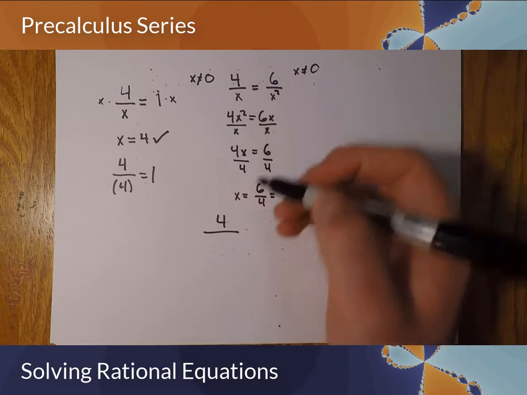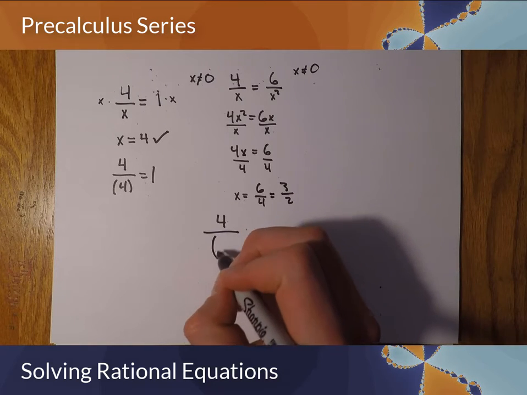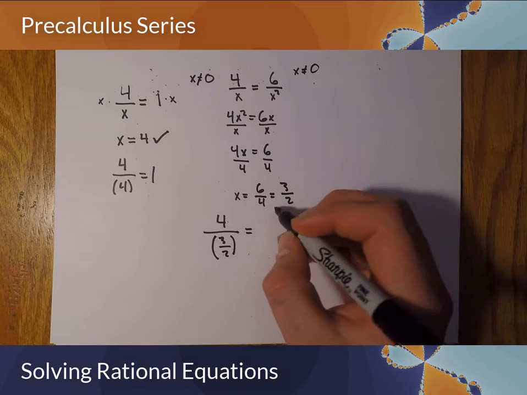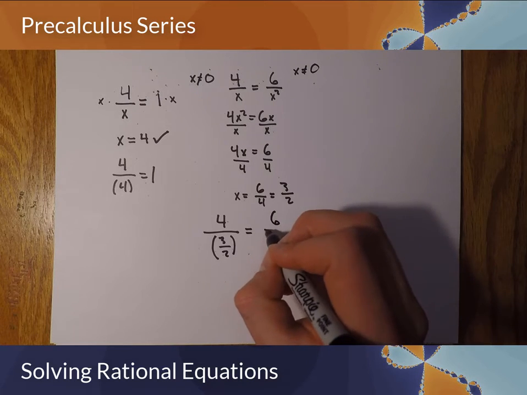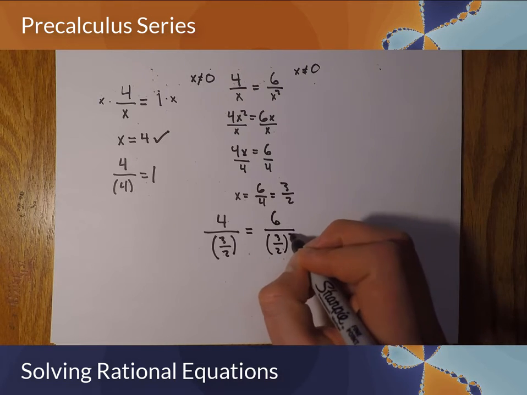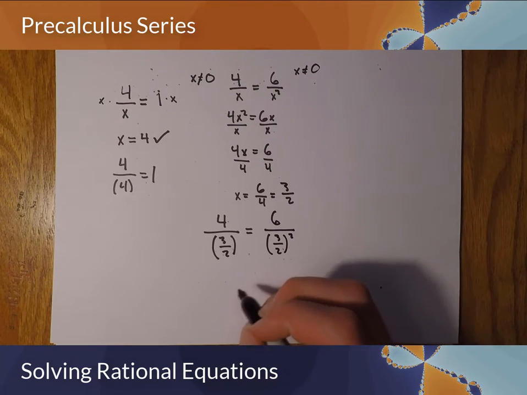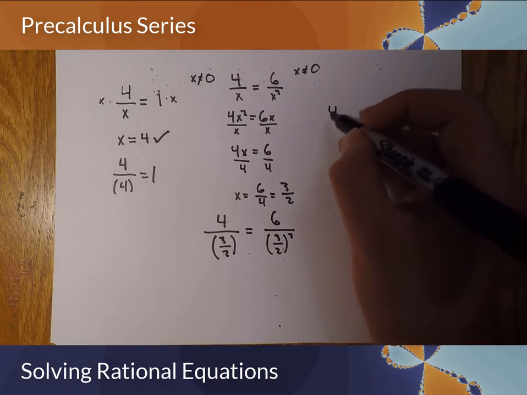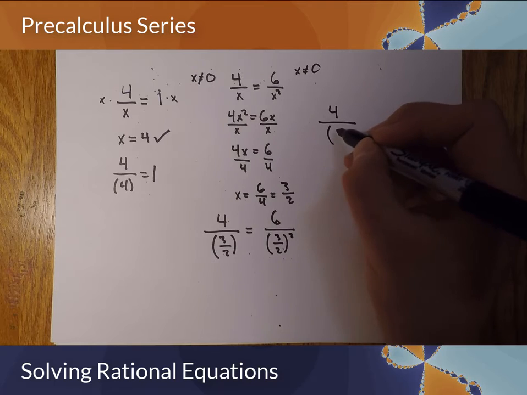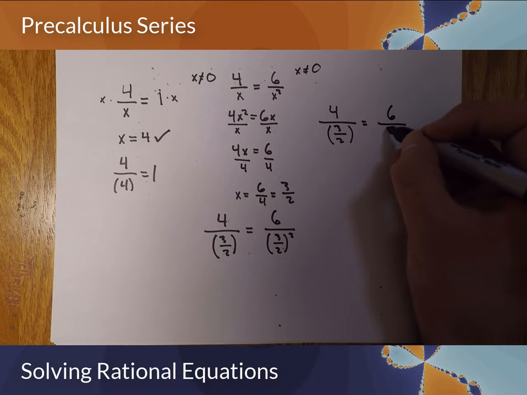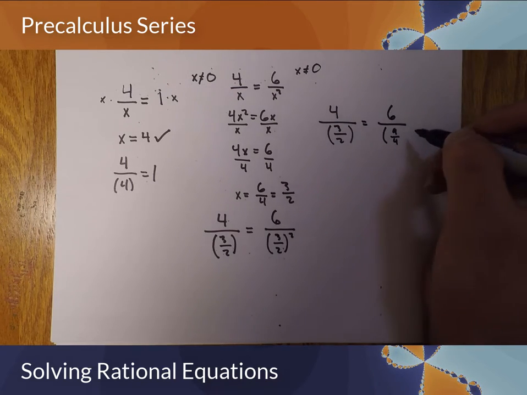So 4 over x is equal to 4 over 3 halves, and then that equals 6 over 3 halves squared. And so now what we have is 4 over 3 halves is equal to 6 over 9/4.